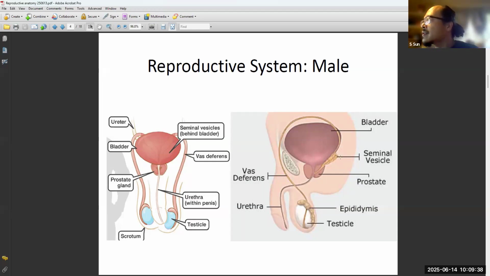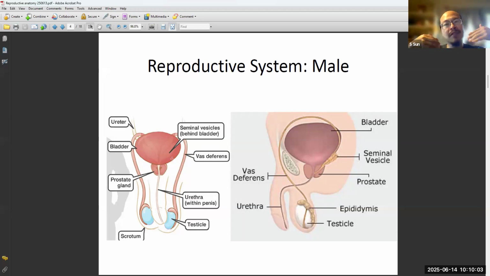Then, going to the bladder, the two tubes will meet together. Before they meet together, they go through some glands called the seminal glands, the seminal vesicles.